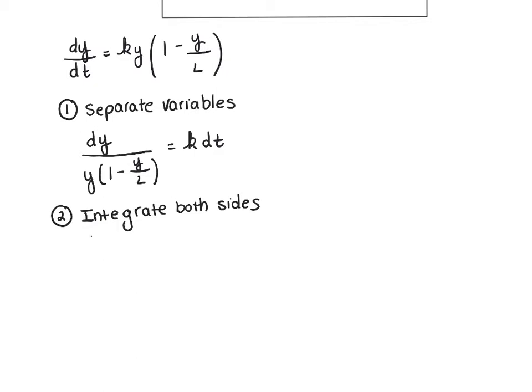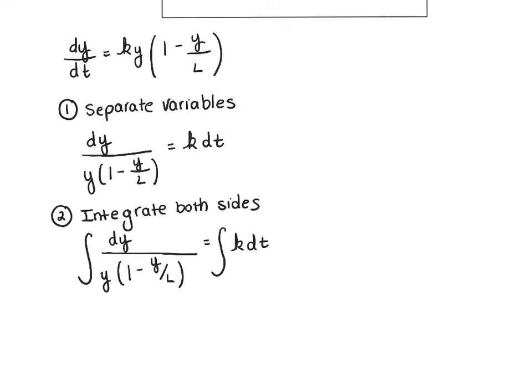So really, we're looking to do this right here. The right-hand side is a cinch, but you are welcome to try the left-hand side, but something should bother you right out of the gate, and that's that on the left-hand side, we basically have the integral of a product: y times (1 minus y over L).